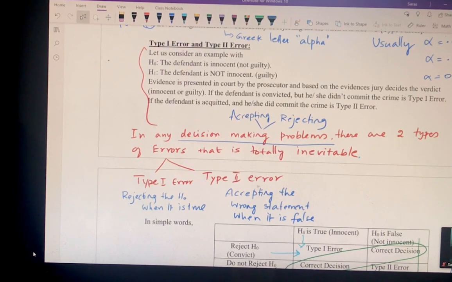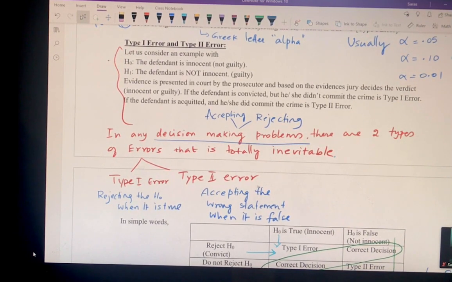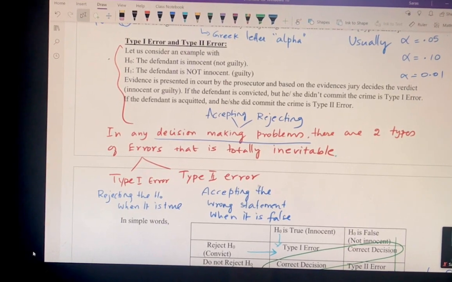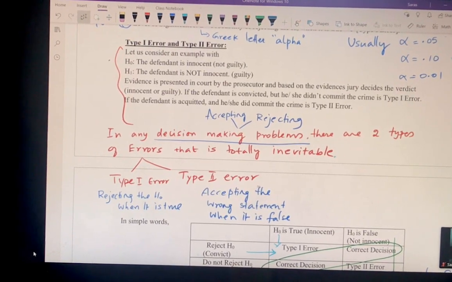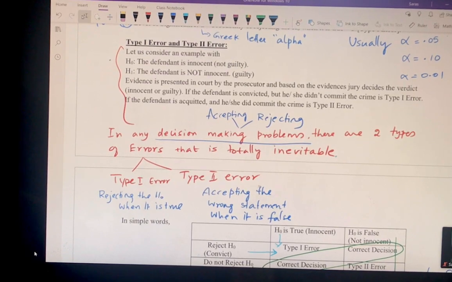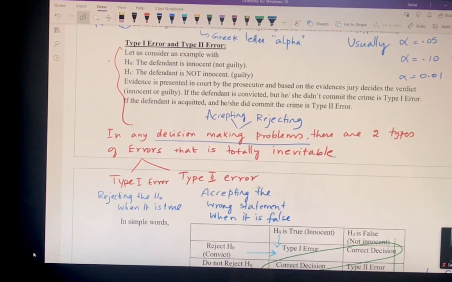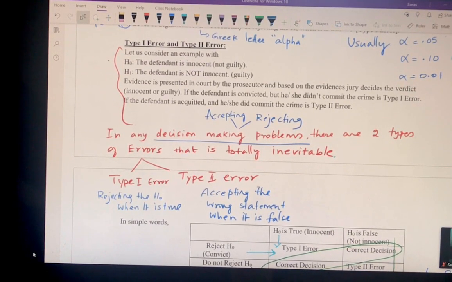Let's define what is the type 1 error and type 2 error. In any decision-making problem or in any statistical problem, there are two types of errors. You cannot avoid those two errors. Those two errors are going to occur typically in every single decision-making problem.